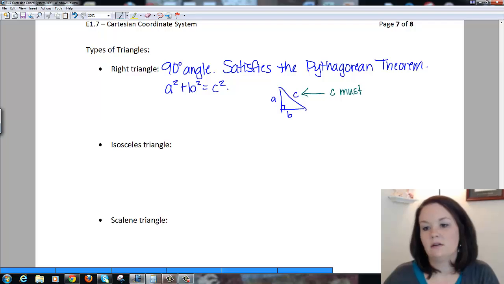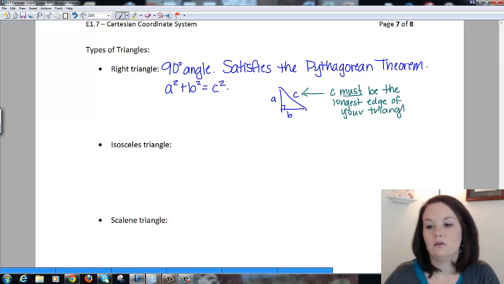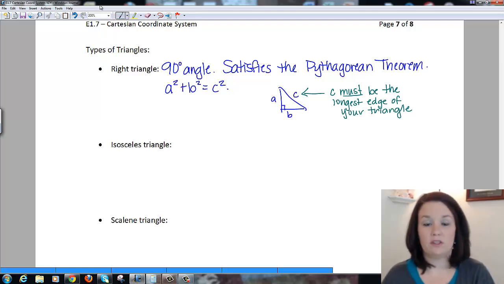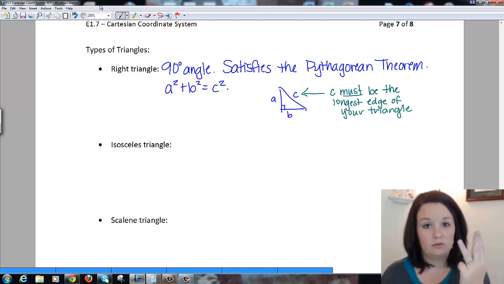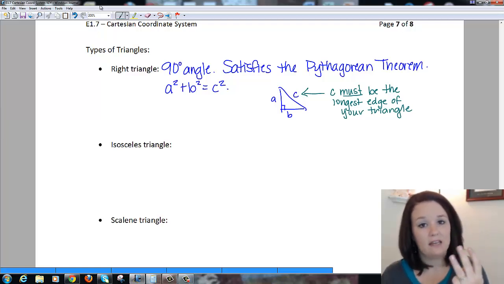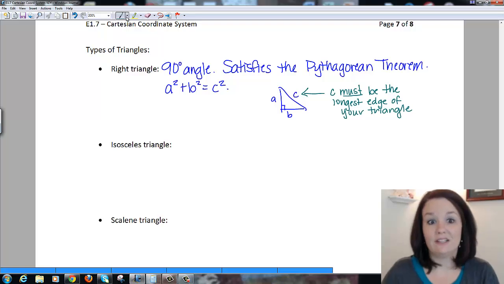C must be the longest edge of your triangle. Okay, otherwise it doesn't work. So if you come up with a triangle that has sides 1, 3, and 10, if you don't use C for 10, it's not going to work out, even if it is a right triangle. Okay. All right, so that's a right triangle.